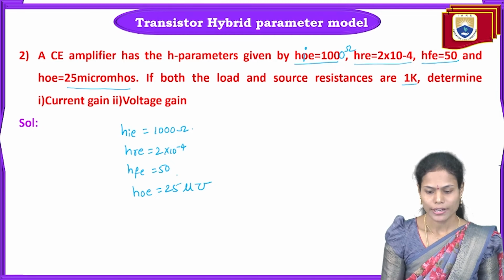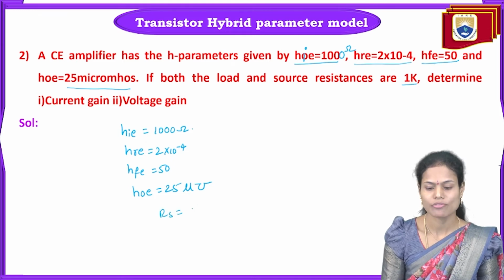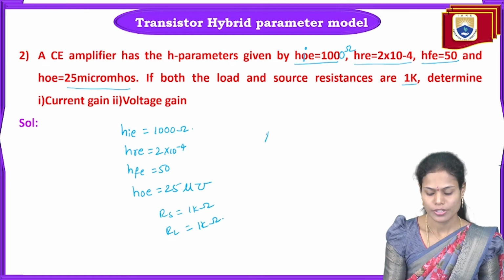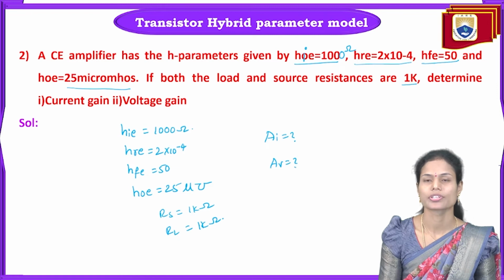So these are the given parameters, and along with this they also gave the source resistance value as 1 kilo ohm, and the load resistance value is also 1 kilo ohm. From this we need to calculate the current gain as well as voltage gain.